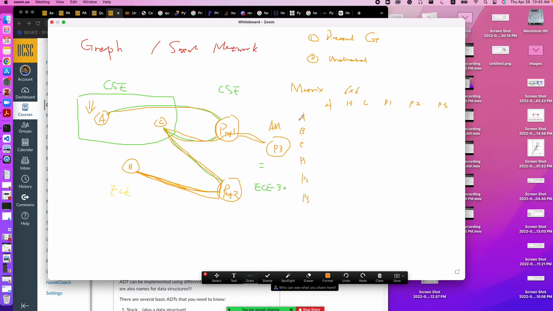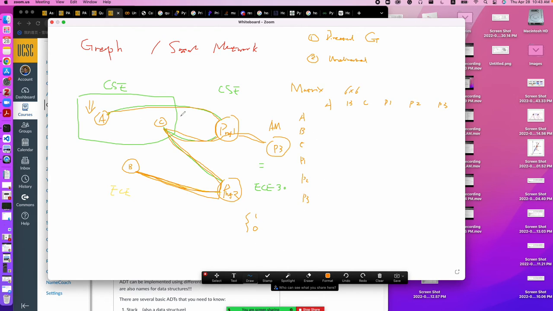So how do we describe this graph by a matrix? Just assume if you know each other, you have a number 1. If you don't know each other, you don't have the link, let's say between A and B, the number is 0.